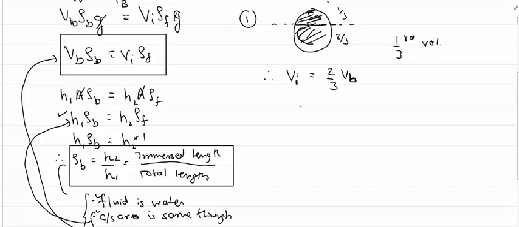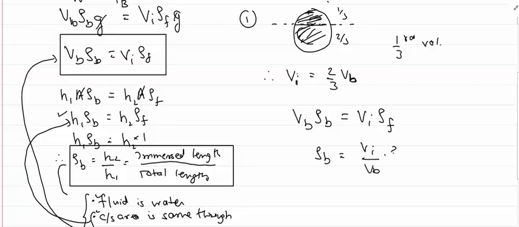The question says a rubber ball floats. So it's a case of flotation on water with 1/3 volume outside water. What is the density of rubber? So I can now use VB rho B is equal to VI rho F. The fluid is water, so density of fluid is 1. Now I can write down rho B is equal to VI by VB into rho F. What is VI upon VB? From this I can write down VI by VB is equal to 2 by 3, and density of water is 1 gram per centimeter cube.